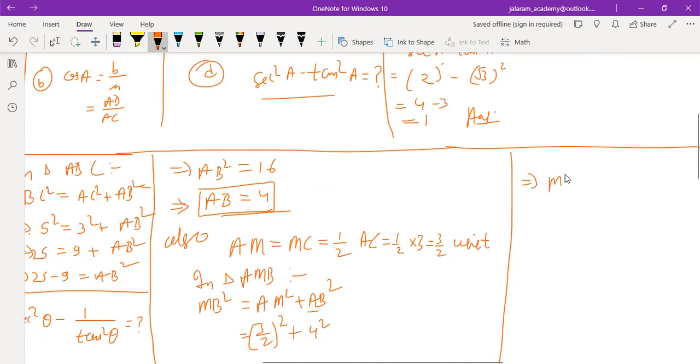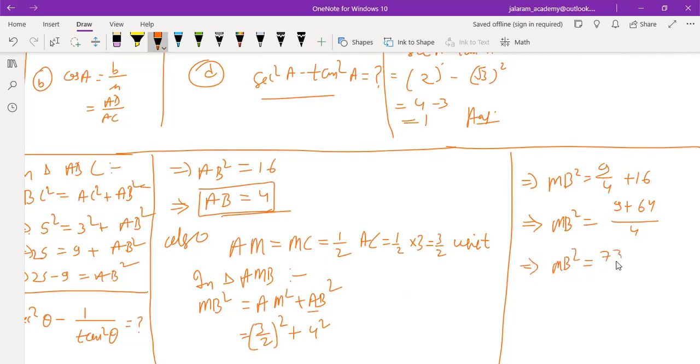So it implies MB square equals to 9 by 4 plus 16. It implies MB square equals to, LCM is 4. 9 plus 64. It implies MB square equals to 73 by 4. So MB equals to square root of 73 by 2 unit.